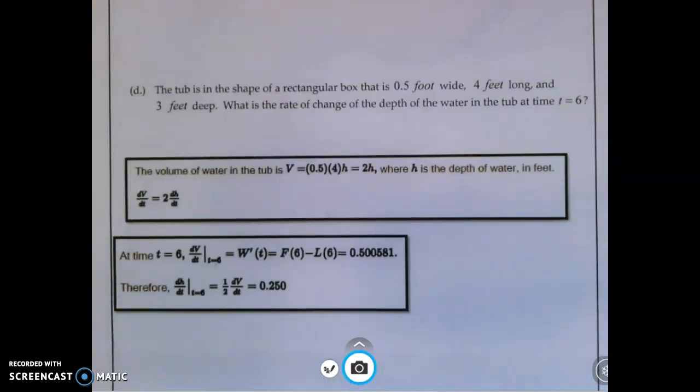Okay, part D. The tub is in the shape of a rectangular box that is 0.5 feet wide, 4 feet long, and 3 feet deep. What is the rate of change of the depth of the water at the time t equals 6? So in this particular problem, we need to recognize it's related rates. So just as we've done before, we determine what's been given.